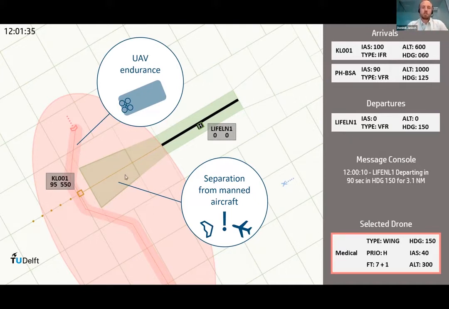It might be necessary to understand that the limitations of autonomy of these vehicles are much lower than they would be in traditional commercial aviation, where we're talking about at least, for instance, 45 minutes of fuel reserve at the end of a trip, which for the UAVs might not be possible. So any type of rerouting action performed by the controller might have an impact on the UAV endurance.